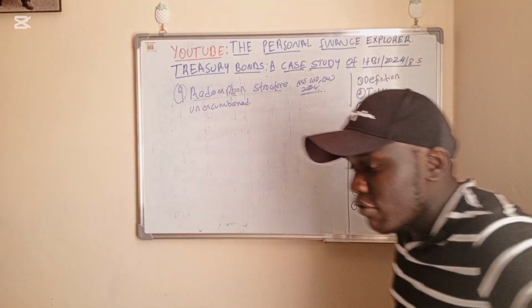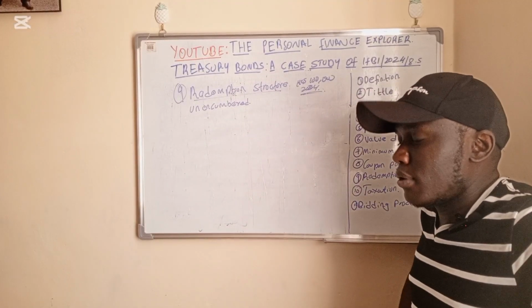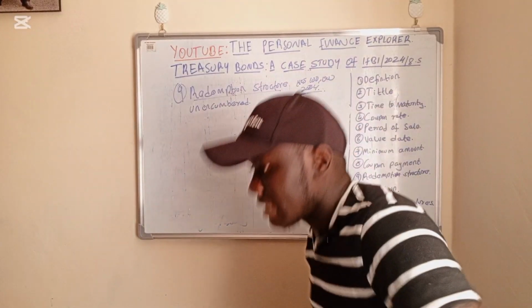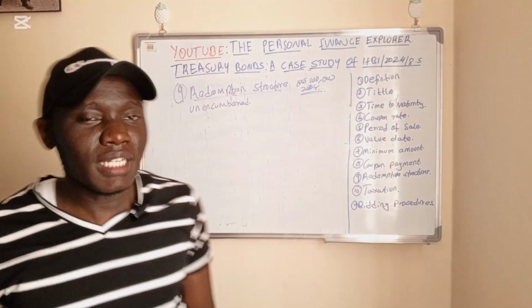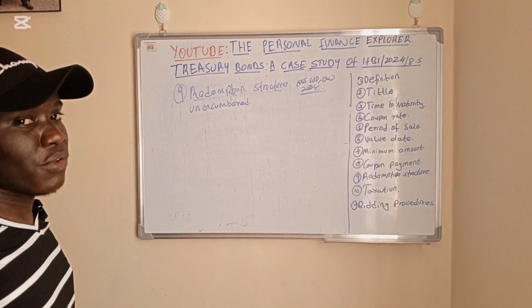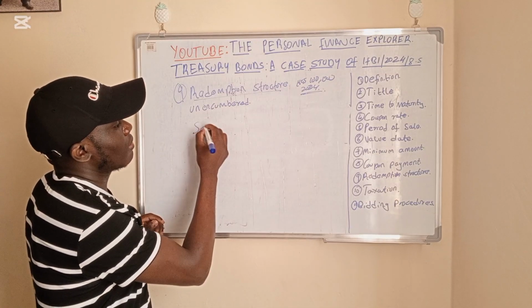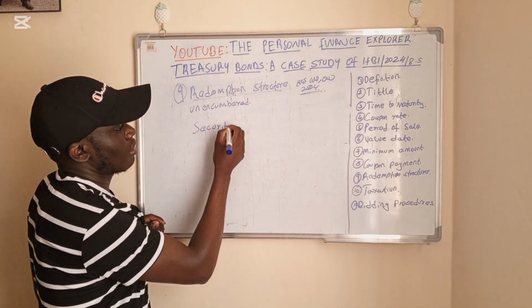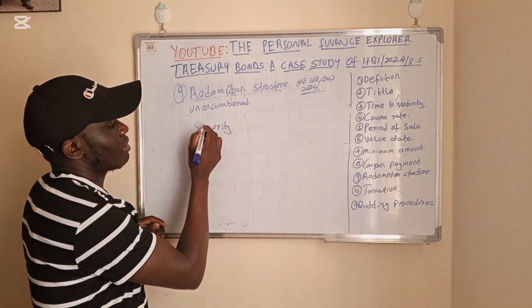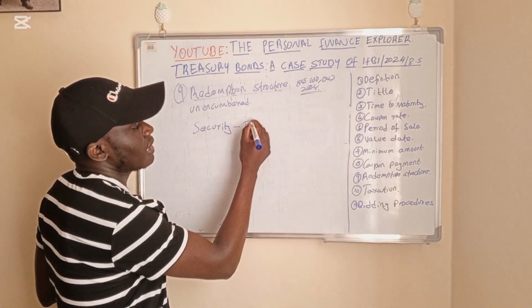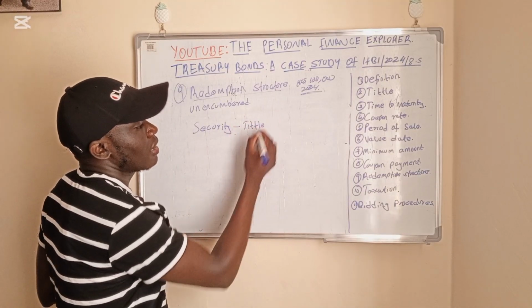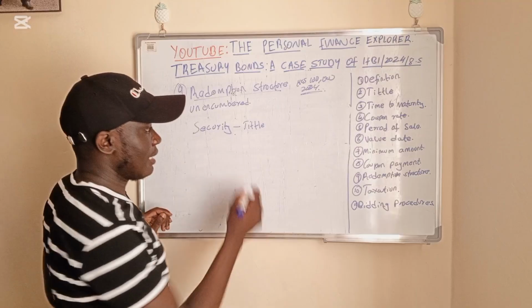Now, if you have ever tried to apply for a loan, there are some institutions where they will ask you for security for the loan. Some of them will ask for a title deed if you are securing the loan using land.